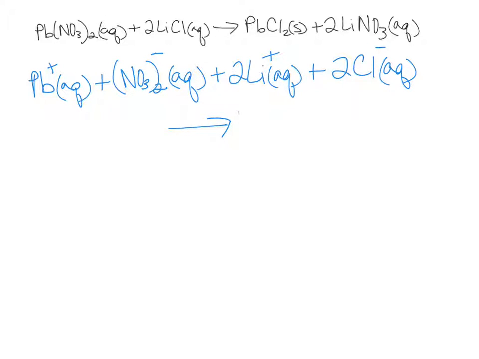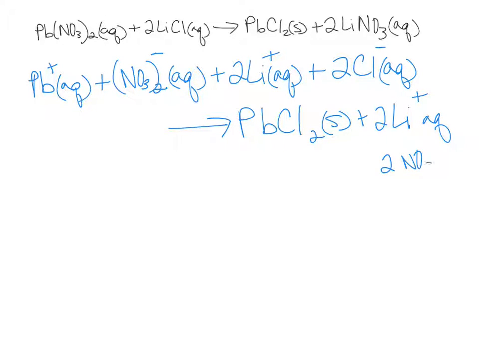And now I'm going to take my product side. I'm going to keep together my lead chloride because it's the precipitate and it's solid, but I'm going to separate my lithium from my NO3. There we go.